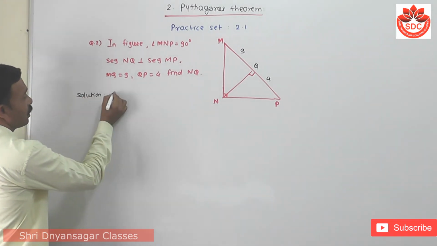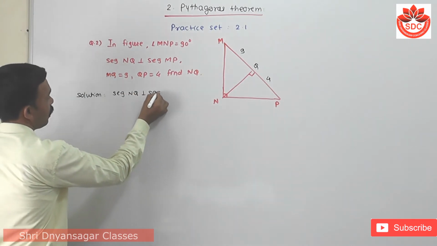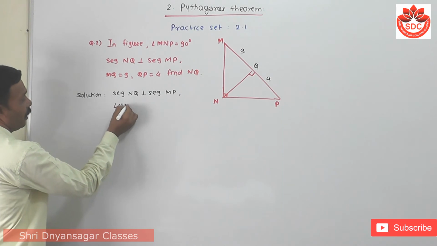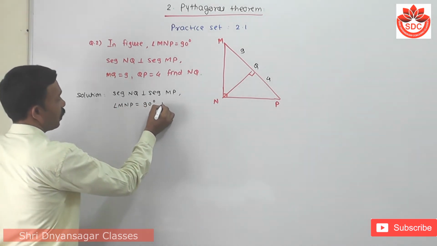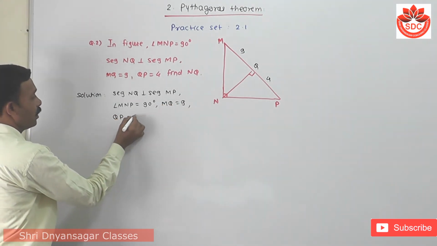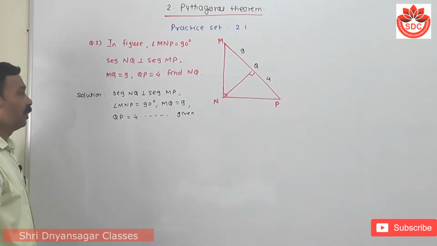Solution. Segment NQ is perpendicular on segment MP. Angle MNP is equal to 90 degrees. MQ is equal to 9. QP is equal to 4. All these are given.